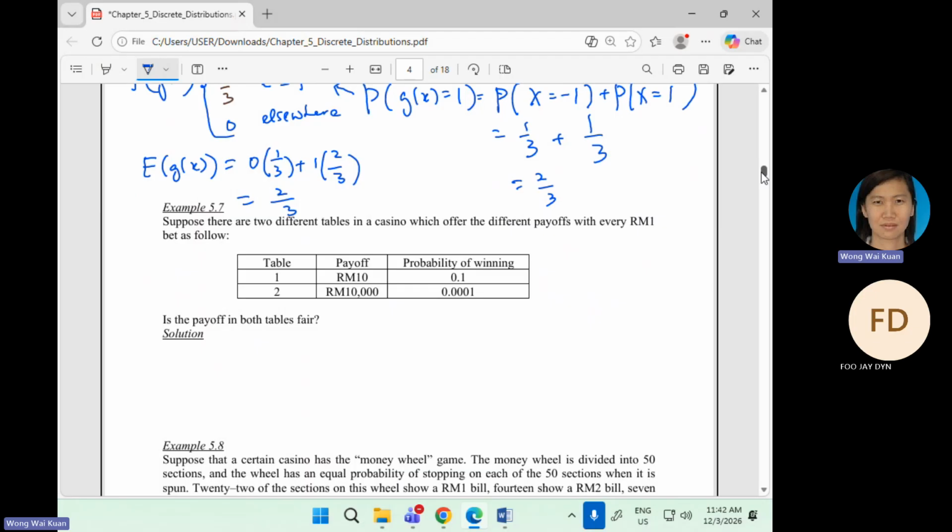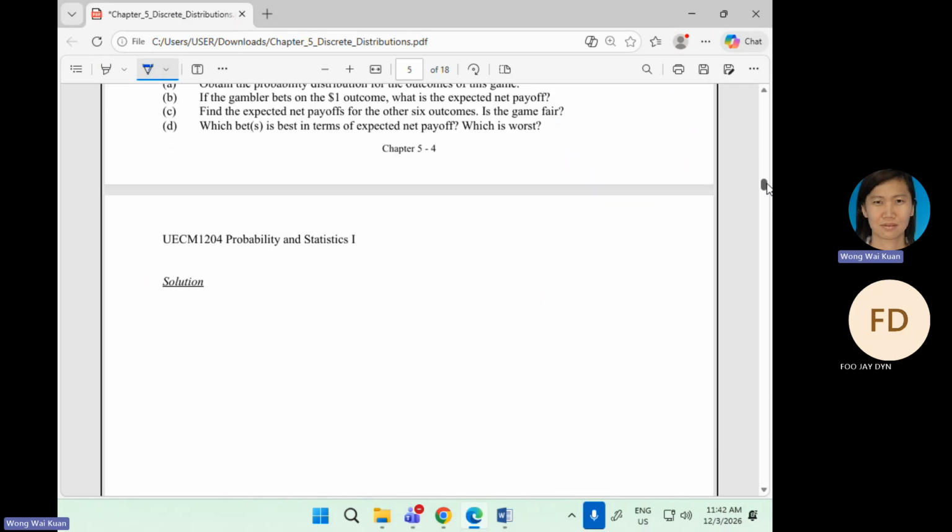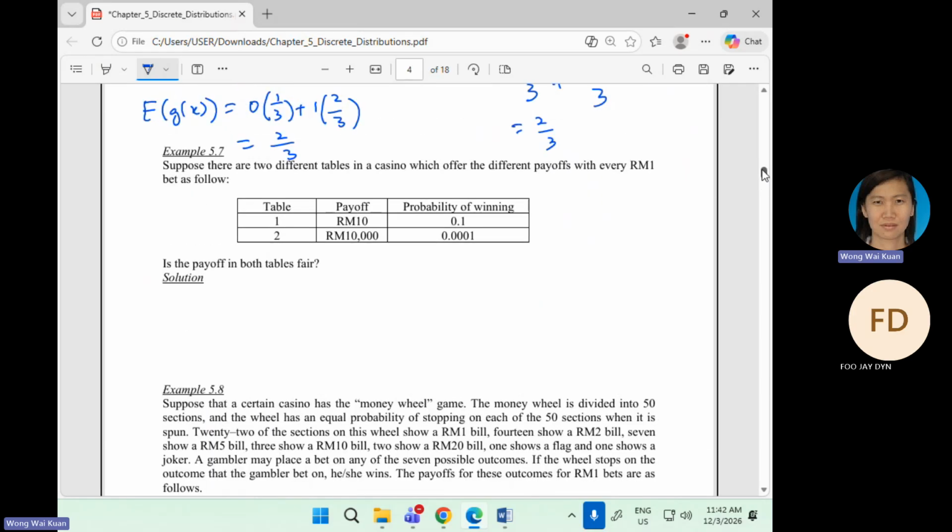We don't look at the cost. Expected payoff is a little bit different from 5.8. 5.8 is net payoff. We talk about that next class. Okay, so now, is the payoff in both tables fair? You want to know whether they are having the same or not.